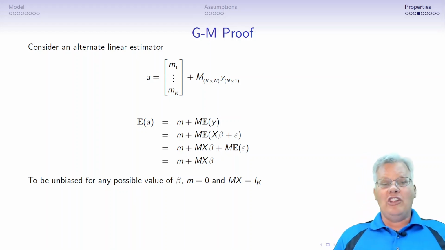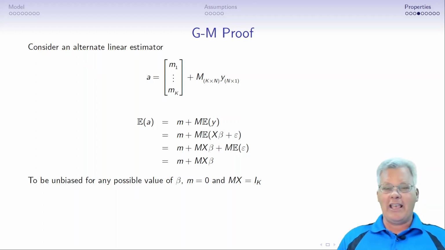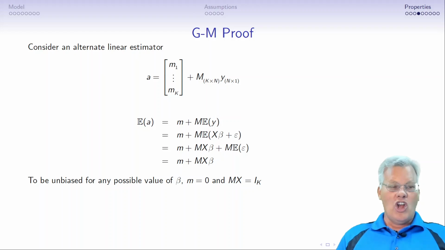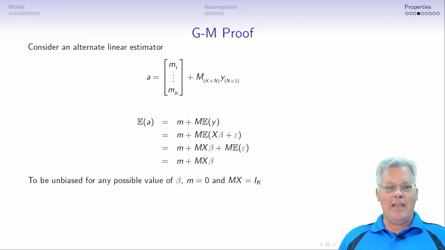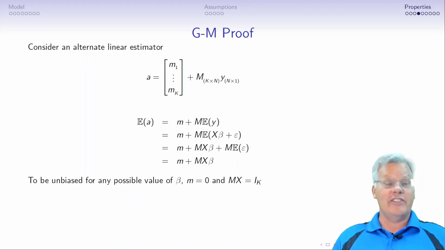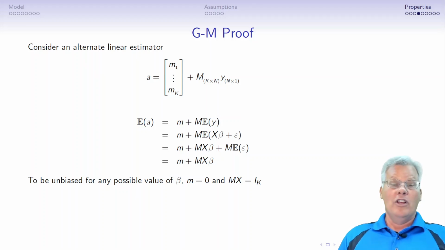Okay. So if we take first the expected value of A and just treat this as an algebraic exercise, the expected value of A is going to be equal to m. Remember, these are non-stochastic constants, so the expectation of the lowercase m's, the intercepts, are the intercepts themselves, and the capital M's are a matrix of non-stochastic weights. So that can come out. So I can say then that the expectation of A is equal to lowercase m plus uppercase M times the expectation of y.